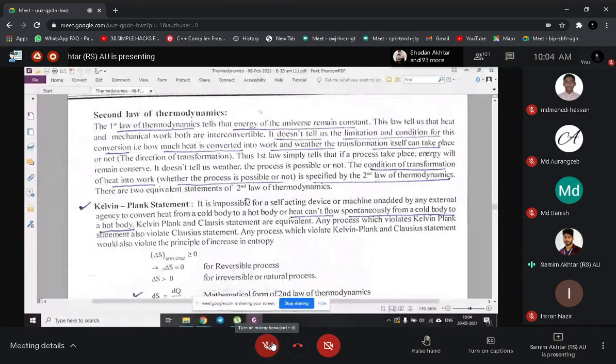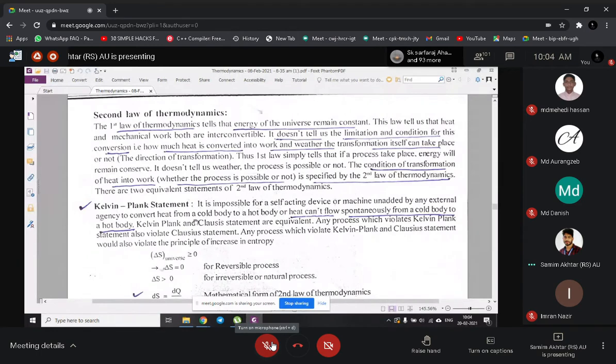So the first law of thermodynamics says that there is a transformation of heat to energy, or energy to heat, but it could not say how to transform, right? The second law tells how to transform.